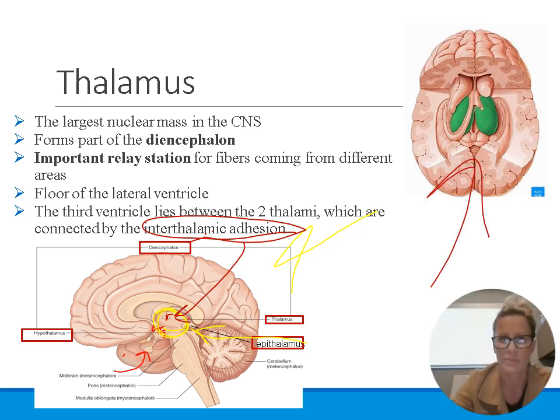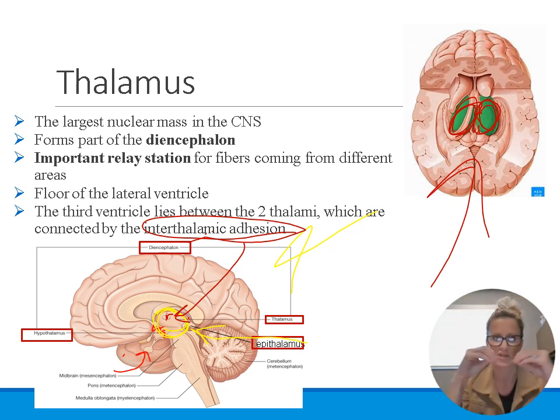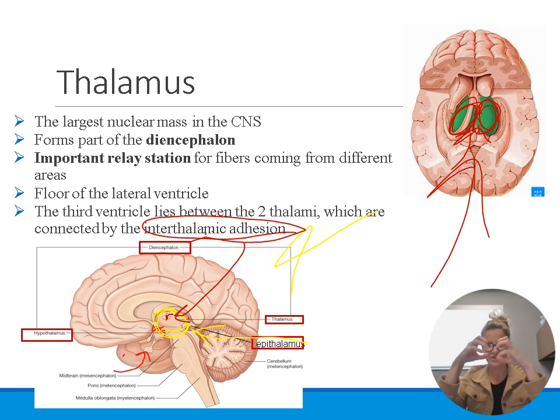So if you look at this top picture here in green, that's the thalamus. So you can see that you have your right and left thalamus, these two rounded masses, and in the center, they connect to each other at the interthalamic adhesion. The third ventricle, which remember the ventricles are the open spaces in the brain, lies between the two thalami. So the area between the two thalami, there's a little bit of open space that's there.